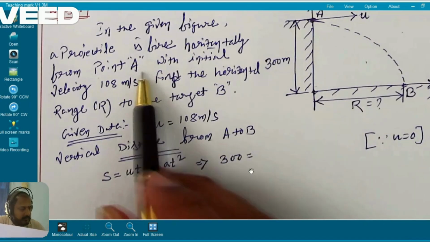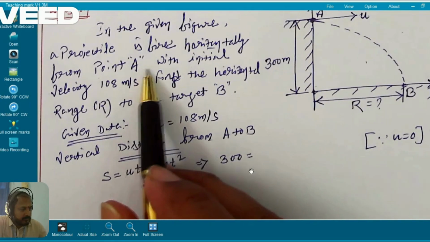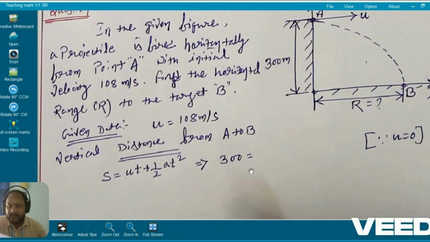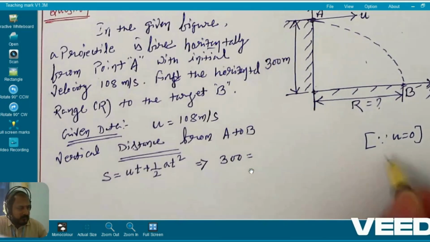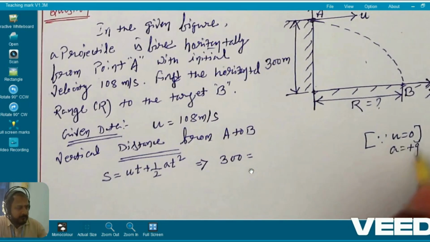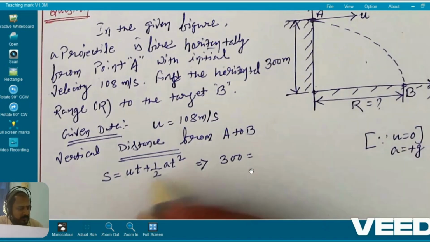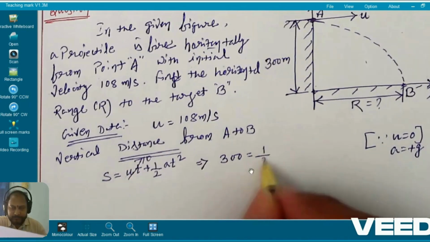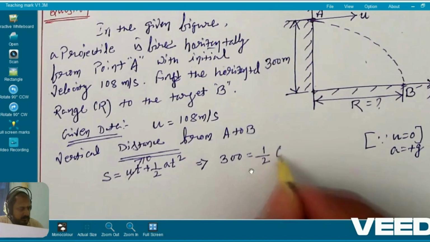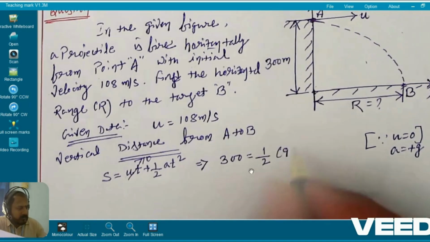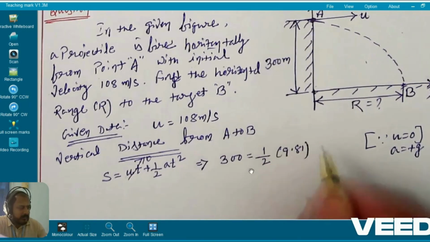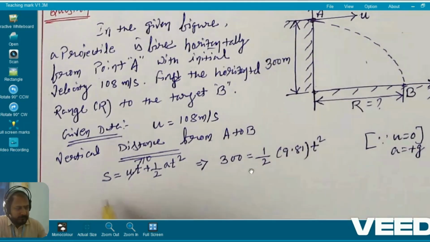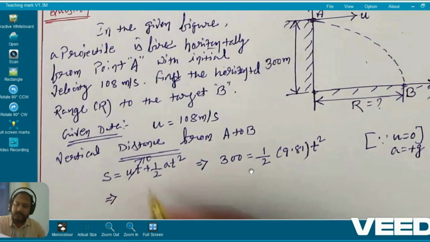Okay, so vertical distance from A to B, whenever you are calculating, the initial velocity will be 0 and A will be equal to plus G. So you substitute, as this becomes 0, so this part becomes 0, so equal to half GT square. Clear? So as A is equal to plus G, so 9.81 will take the value of G. T square. Okay, so here, so what is the time here?